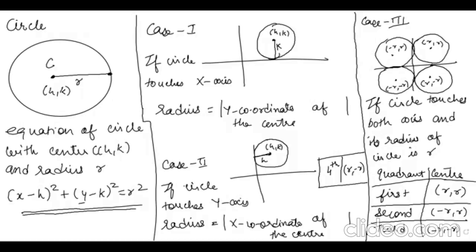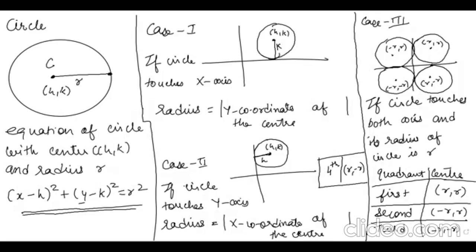The coordinate of the center may be positive or negative, but the radius should not be, so we will take the modulus of the coordinates. And if the circle touches both the axes, again we have to see whether the circle is touching both the axes in the first, second, third, or fourth quadrant, and accordingly we will obtain our center of the circle.